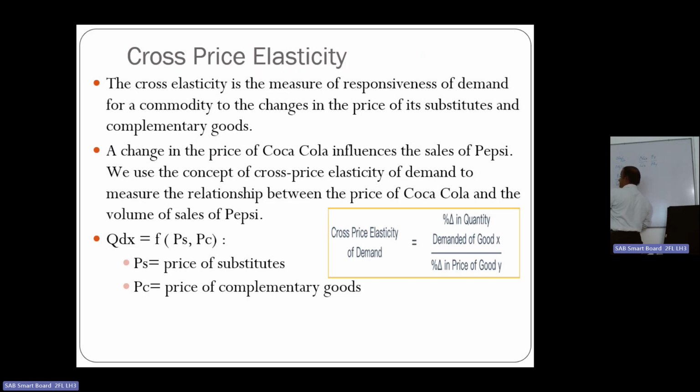For example, a change in the Pepsi Cola price.